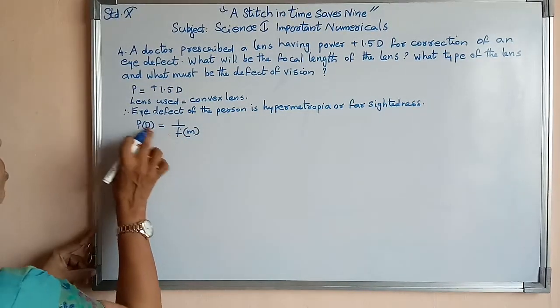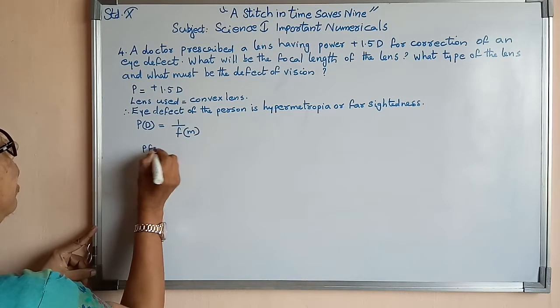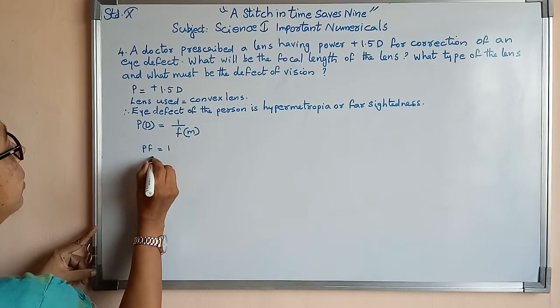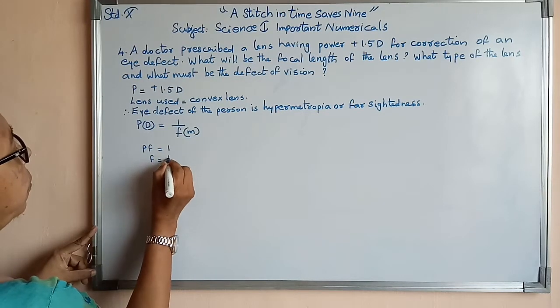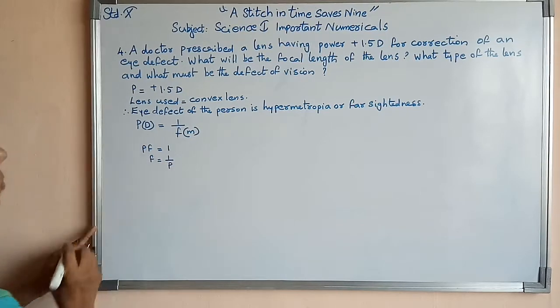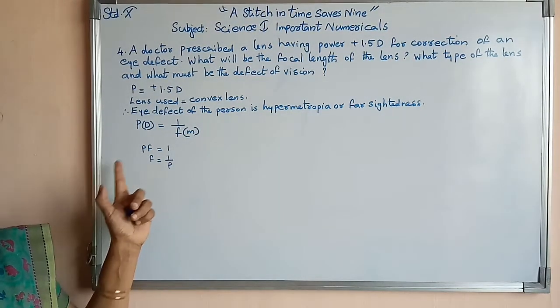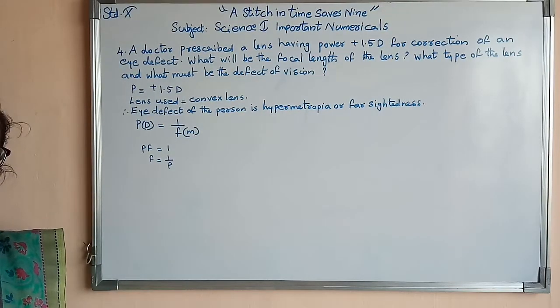Now we can cross multiply. That means P F is equal to 1. Therefore F is equal to 1 upon P, in the form of division.